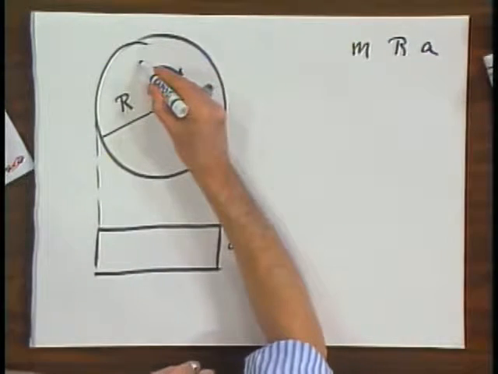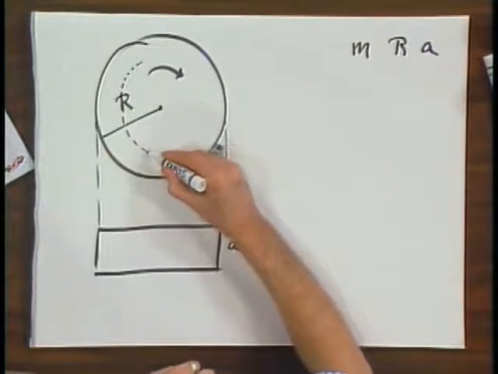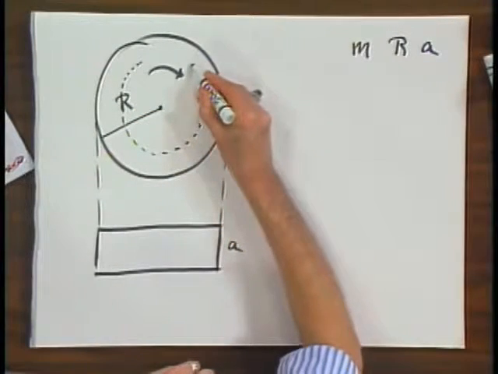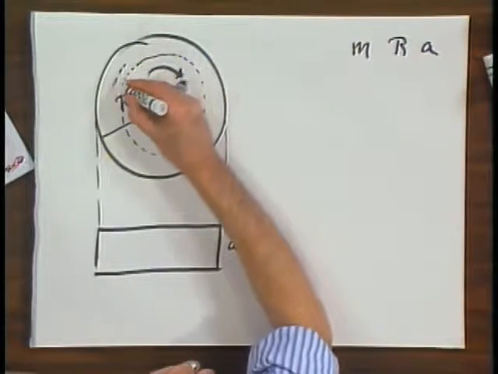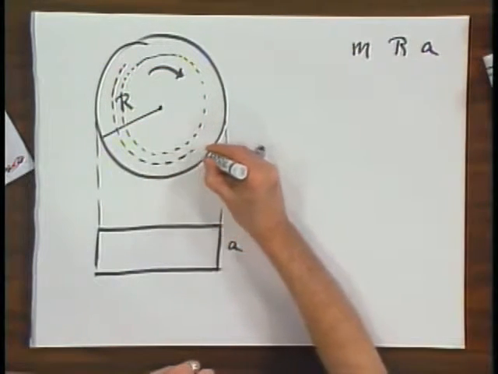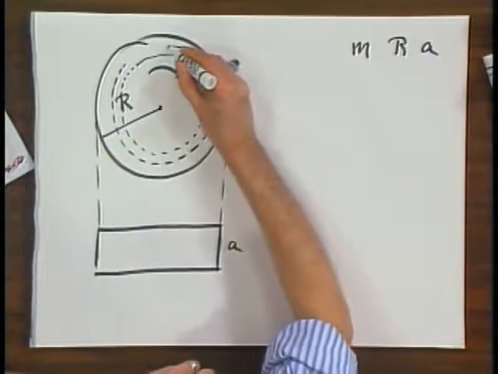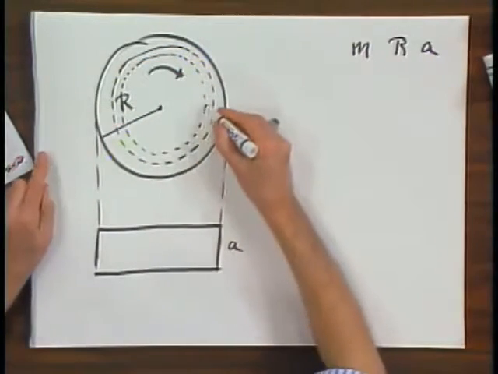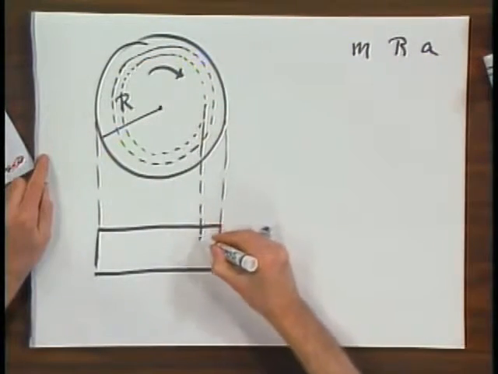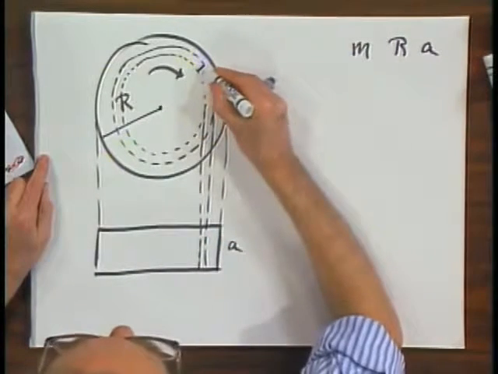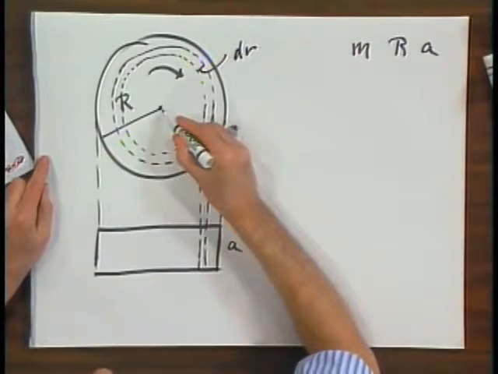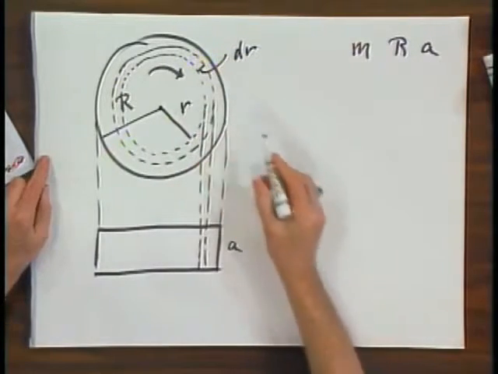Well, in order to now evaluate the moment of inertia about this axis of rotation, I devise here a very thin cylinder. This cylinder has a thickness dr, and it has a radius little r.